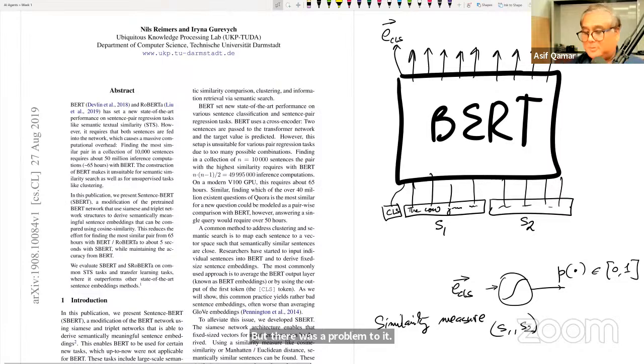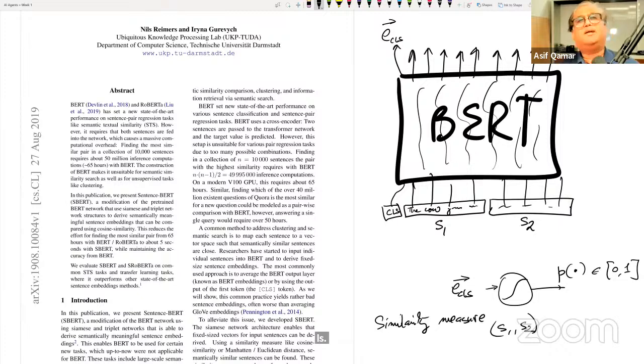This BERT is a huge neural network, by today's standard puny, but by 2018 or 2019 standard when BERT came out, it was massive. It did its job very, very well.